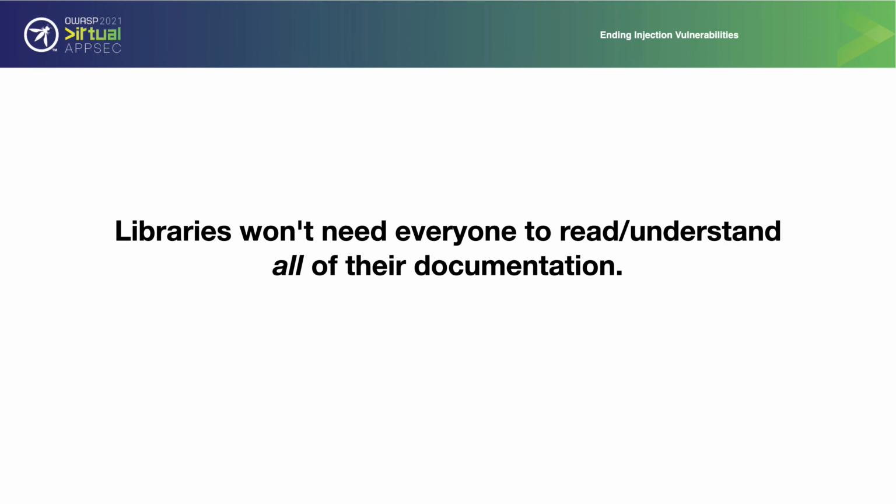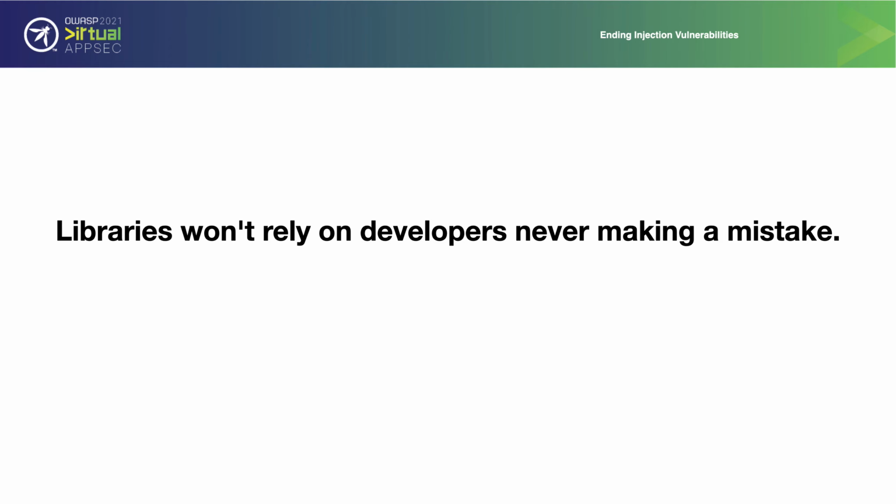There are a lot of methods they provide, and it's unlikely that everyone knows exactly which arguments are safe or not. It also means that we don't rely on developers never making a mistake, because even the most experienced of developers might make a mistake and not be able to notice it.